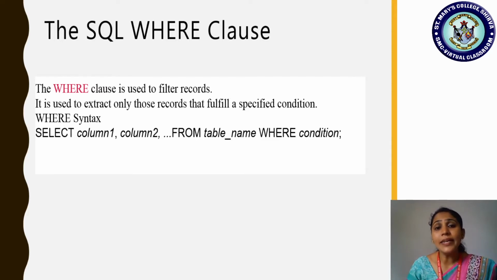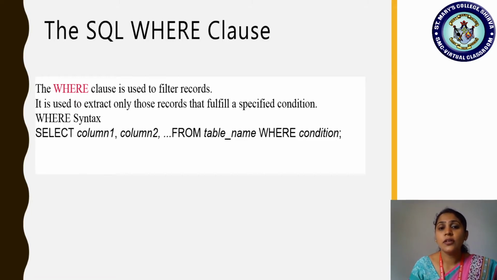In the complete data set, if I want only first BCA students, somewhere in my SQL statement I should mention the condition, right? What is that condition? I want only the first BCA students' data, or only second BCA students' data.